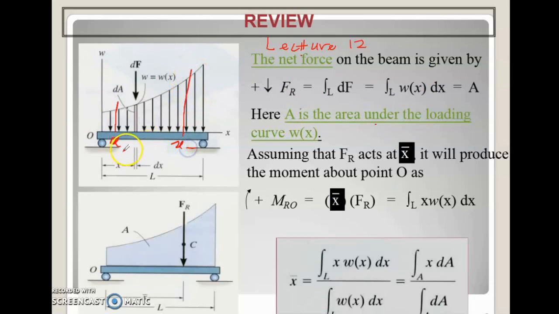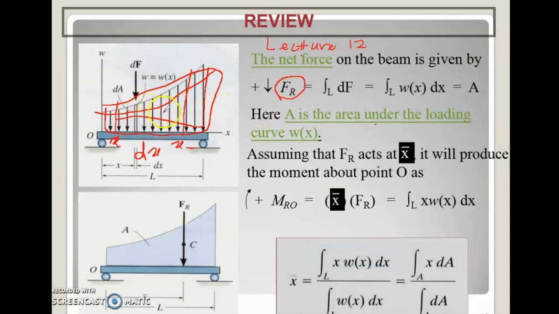We call this the differential of x, and when you integrate dF, you will get the area under the curve. So the area under the curve is the amount of the resultant F.